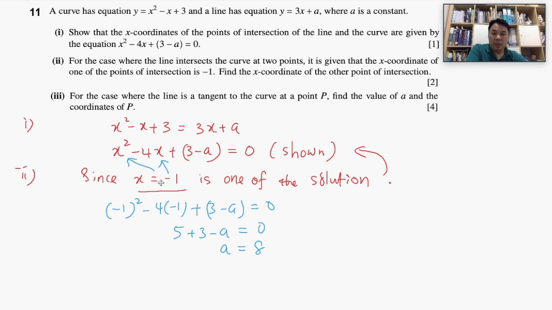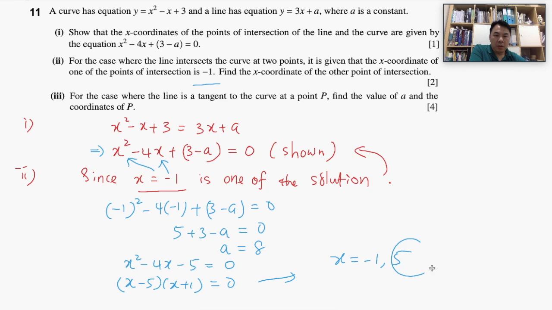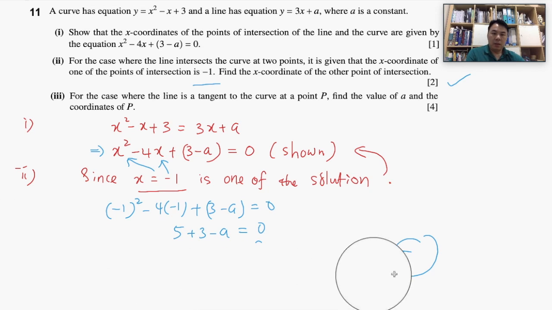What we are trying to find is, since a is equal to 8, therefore this equation here can be rewritten as x squared minus 4x minus 5 equal to 0. And then solving this would yield (x minus 5)(x plus 1). Therefore, x is equal to -1 or 5. Since one of the x coordinates is -1, the other x coordinate must be 5 there. So that's done. Alright, so I hope that's clear. Number 3.